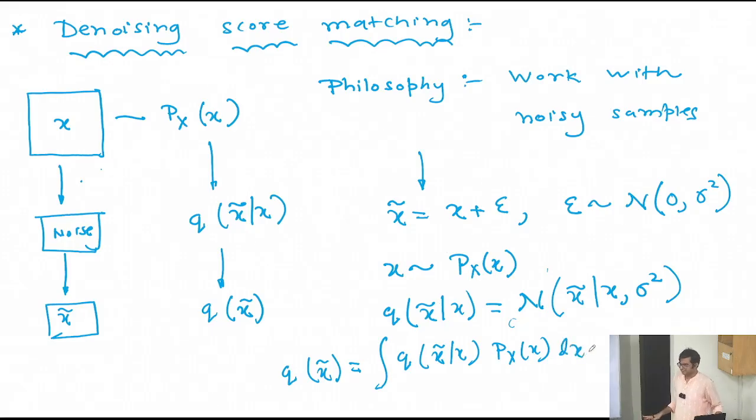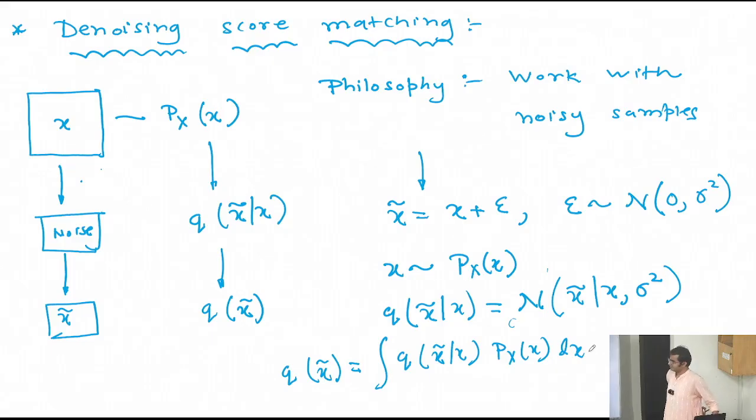Not difficult, right? The only thing that is a little off is that we are now matching with respect to Q of X tilde instead of P of X. We are working with some noisy version.